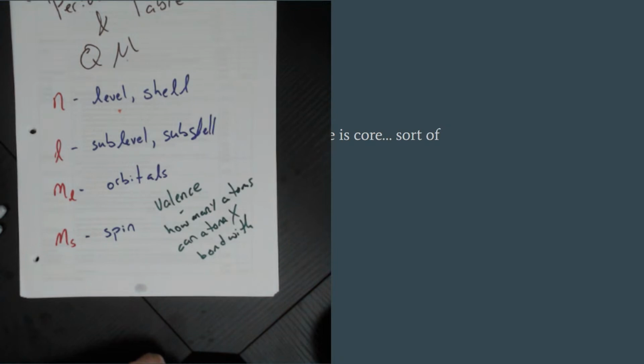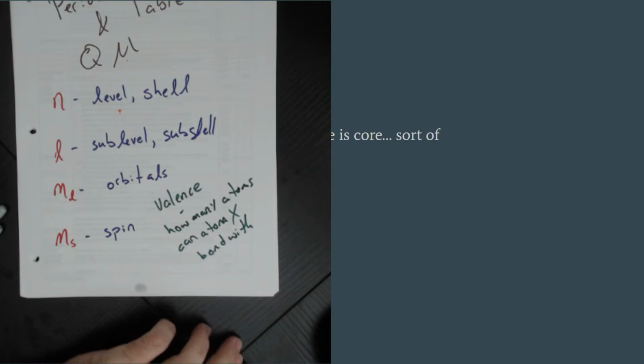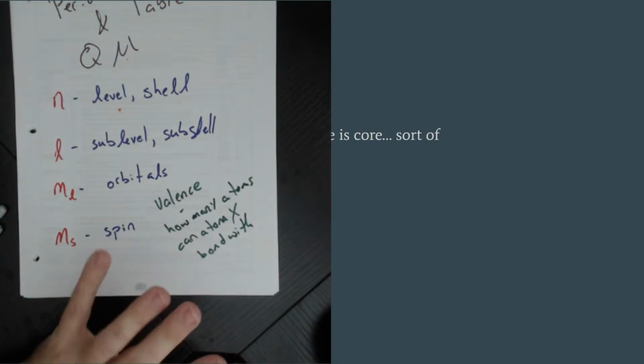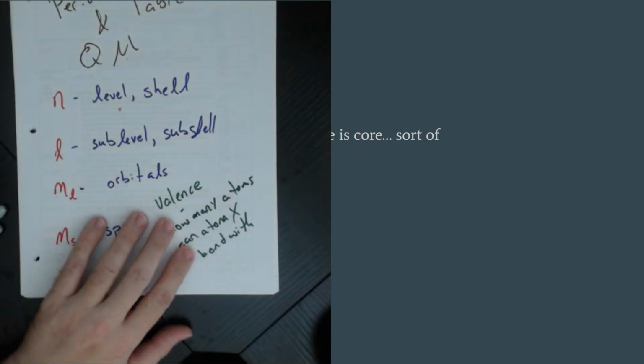Now we use valence to refer instead to the outermost level of electrons, because those are the electrons that can form chemical bonds. So the terms are in that way related.